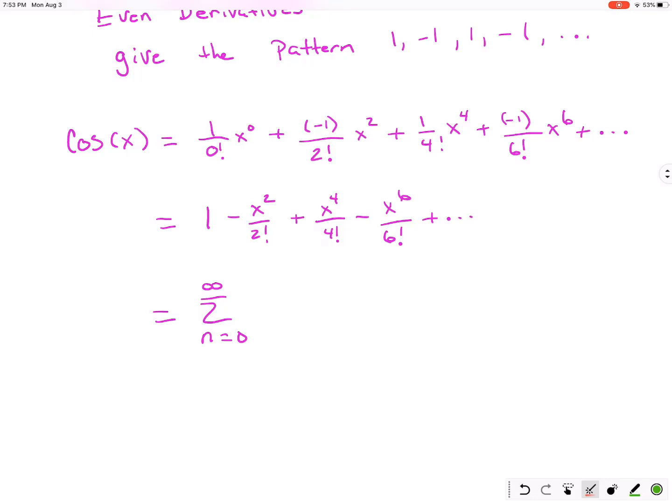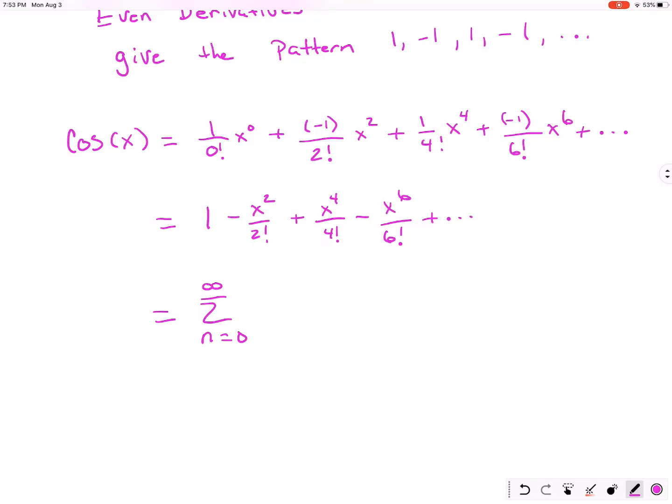So if I simplify that, I get 1 minus x squared over 2 factorial plus x to the 4th over 4 factorial minus x to the 6 over 6 factorial. And if I write that out in general, how do I write an even number?